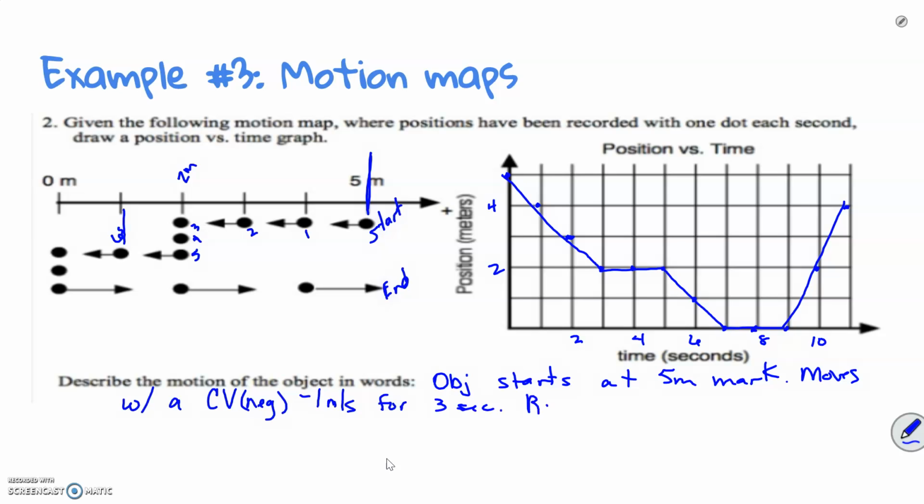And then it is at rest for 2 seconds, then continues with a constant velocity, and it is still negative, a negative 1 meter per second for 2 seconds.